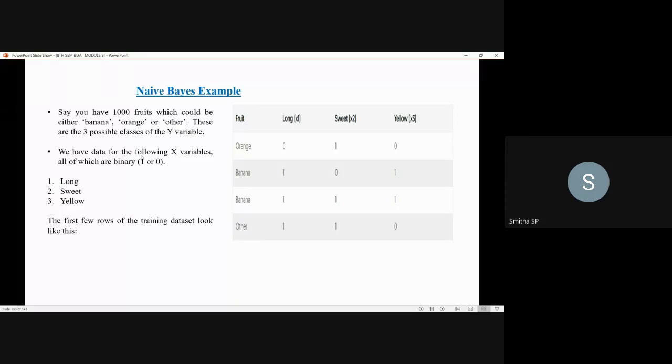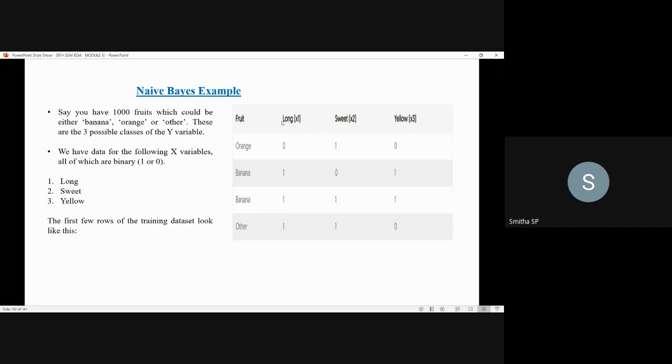We have the data for the following X variables, all of which are binary, that is 1 or 0. The X variables we have taken here are long, sweet, and yellow, that is X1, X2, X3. Since we have more than one X variable, we use naive Bayes analysis to compute the probability.